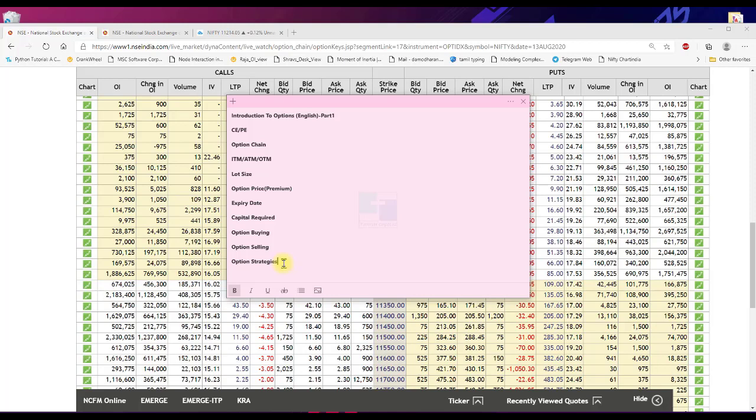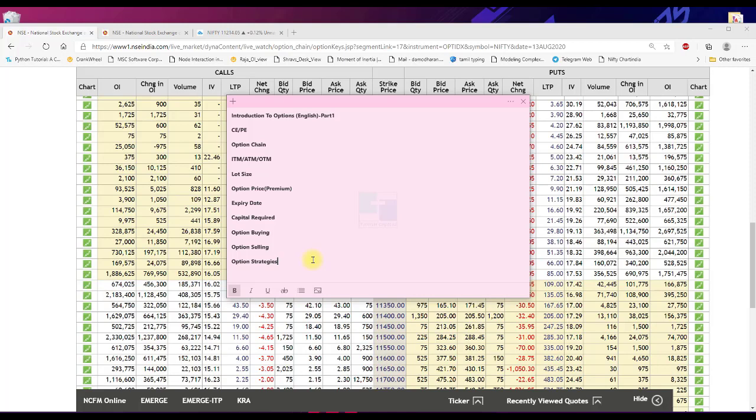So generally you don't need to worry about which option strategy you need to execute. It is only based upon the view you have, the capital you have, the risk you are having, and how long my view will take to play out. So based on that you can build option strategies. There are some people who will sell on social media, saying this strategy I have built, this strategy I have built.